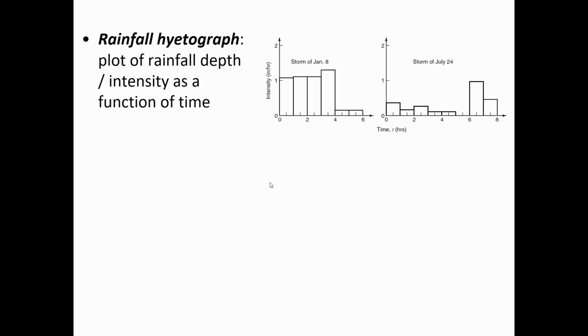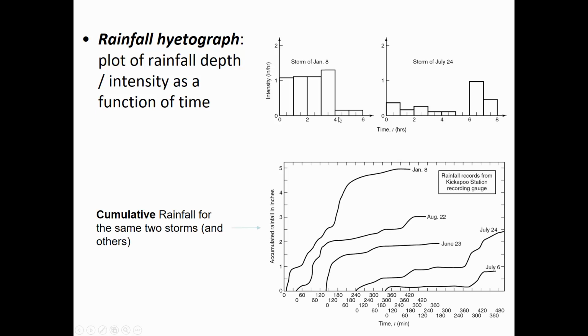Remember that a hydrograph is a plot of rainfall depth or intensity over time. And so in this case, every hour, the rainfall intensity was graphed during a certain storm. It kind of helps you to visualize how intense the rain was and when it occurred. Rainfall can also be graphed on a cumulative basis, where the slope of the line indicates a more intense storm.